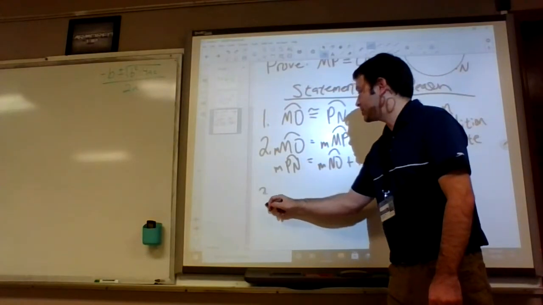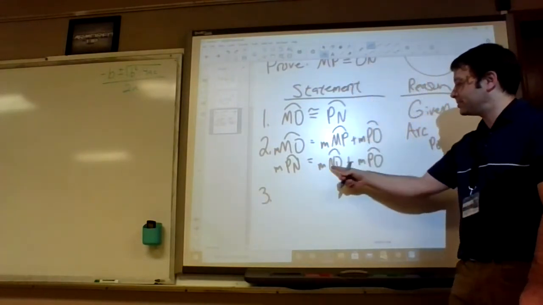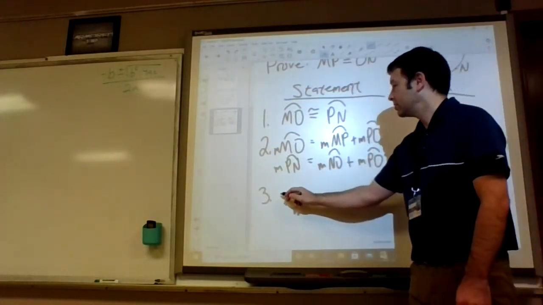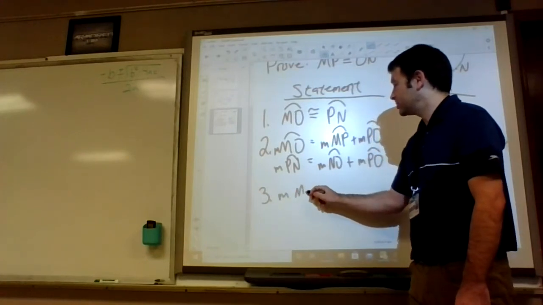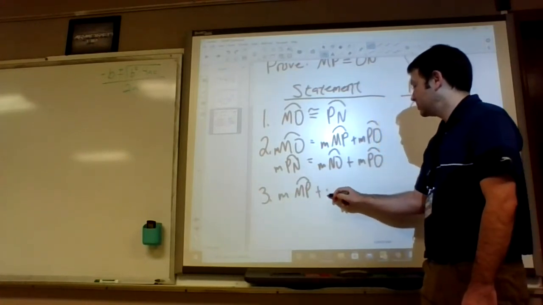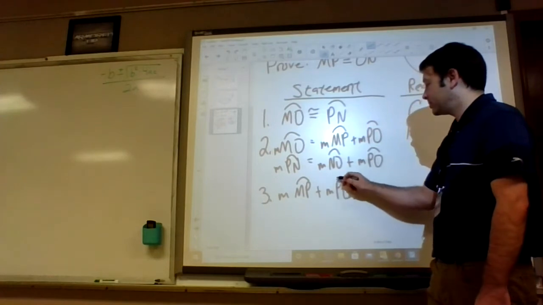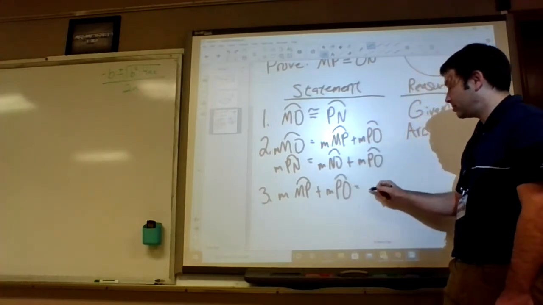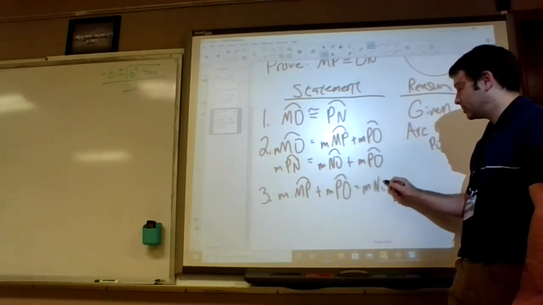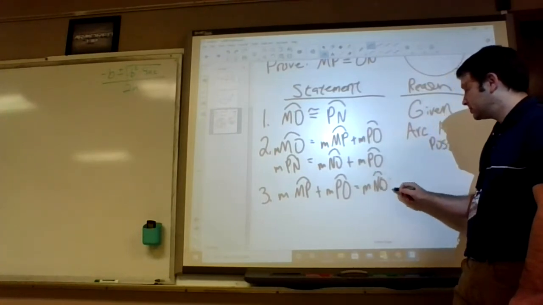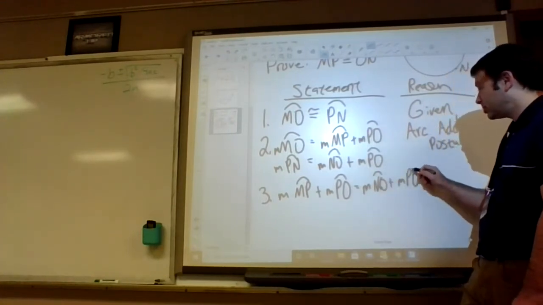All right. So on line 3, I'm going to say that all this stuff must be equal to all this stuff. So I'm just going to write that all down. Usually I don't put the little M symbol. Maybe I'm regretting having put that now, but oh well.